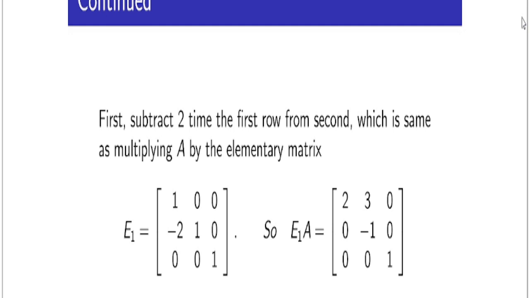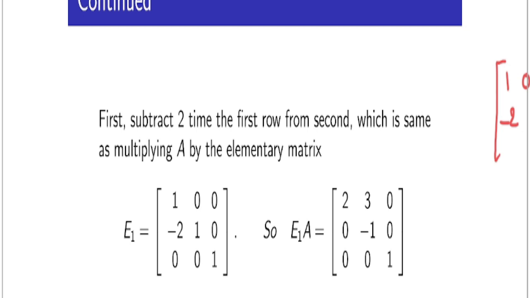What do we get? The first row is 1 0 0. Here we perform one operation: multiply the first row by 2 and subtract it from row 2. Therefore 0 minus 2 gives minus 2, 0 into 2 is 0, and 1 minus 0 is 1, 0 minus 0 is 0.